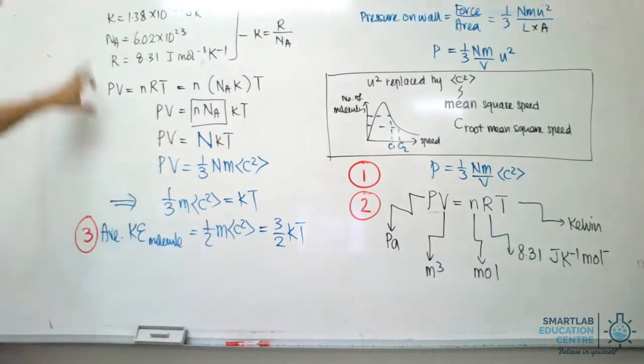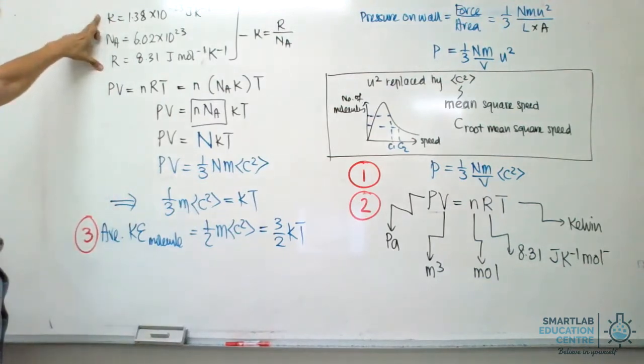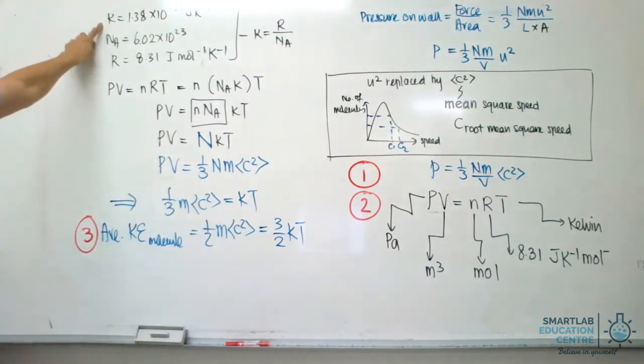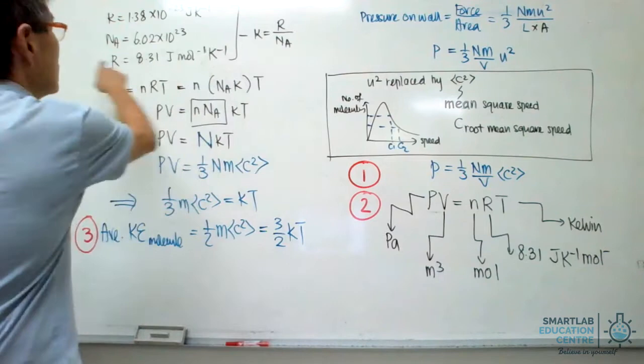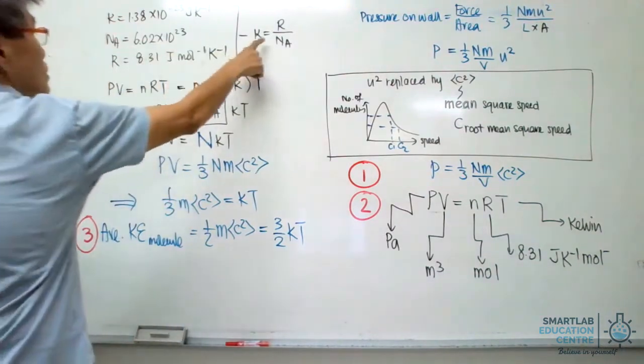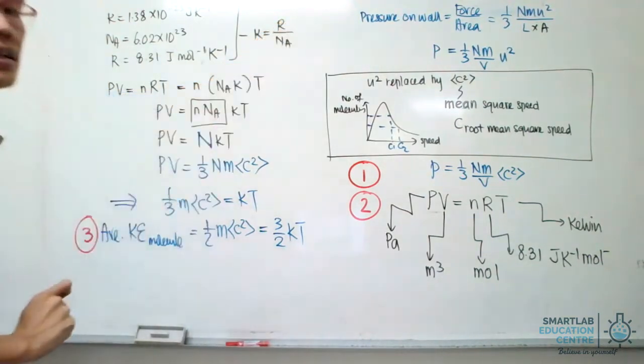To derive the third one, these three are the data booklet values that we listed off. k is the Boltzmann constant, Na is your Avogadro's constant, and R is your ideal gas constant. One of the things that you need to realize is that the Boltzmann constant is actually R divided by Na.